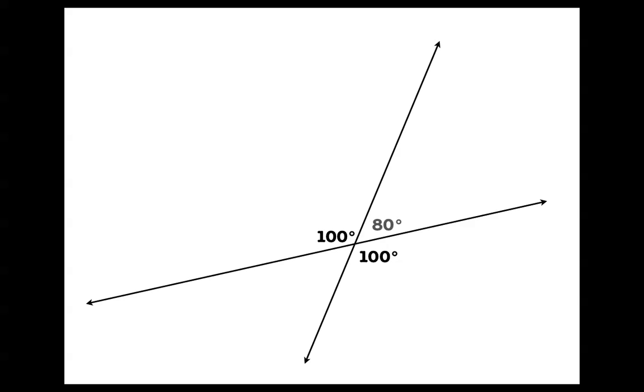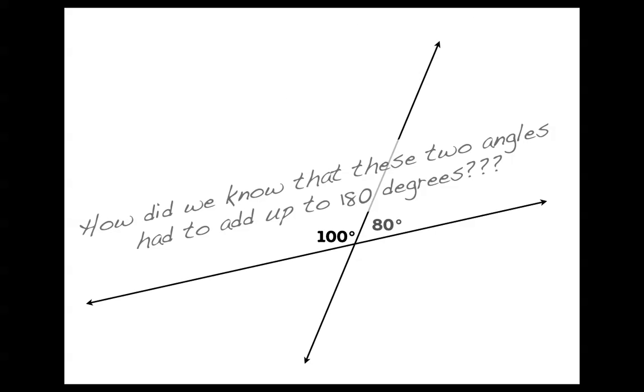But you should know that this angle is 100 because it's a vertical angle with that other 100, and I just told you a minute ago that vertical angles are equal. And if the other vertical angle over there is 80 to this 80, those two should both be 80 as well. But wait a second, how did we know that that other one was 80 to begin with?